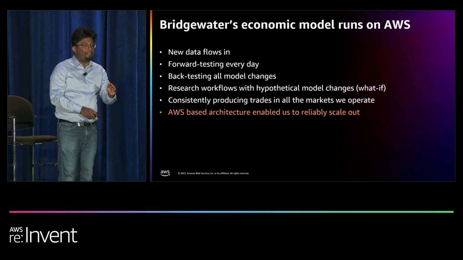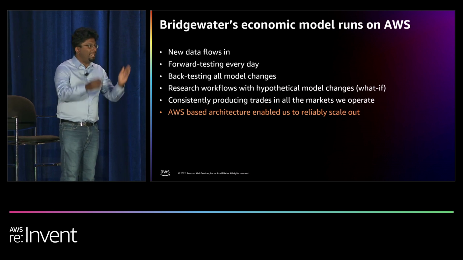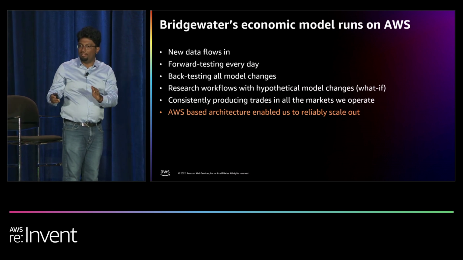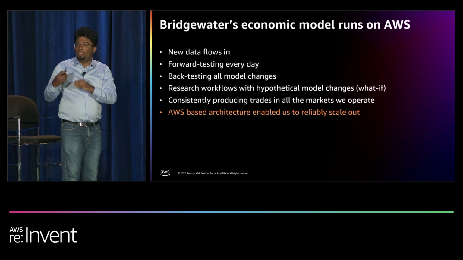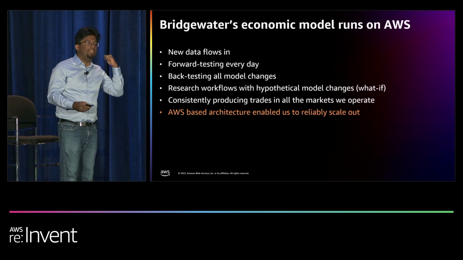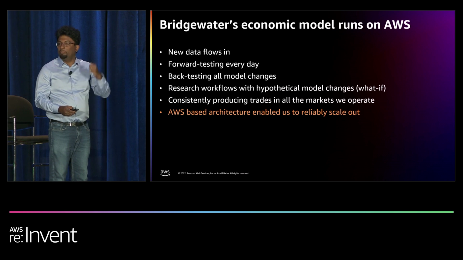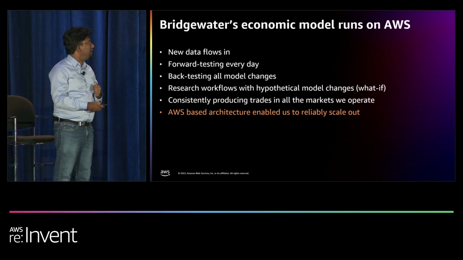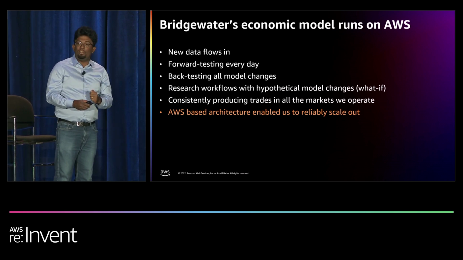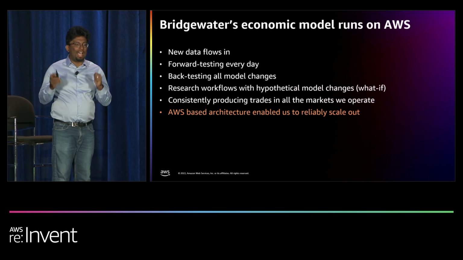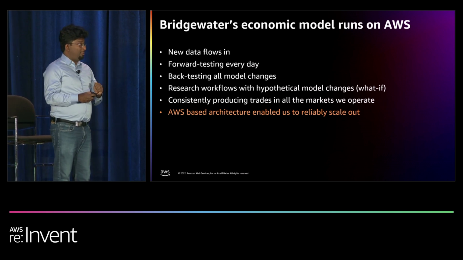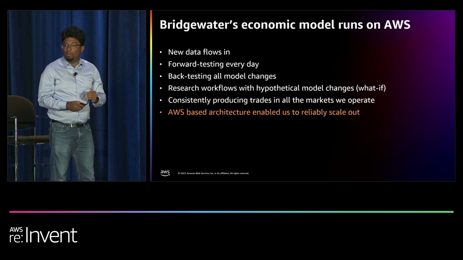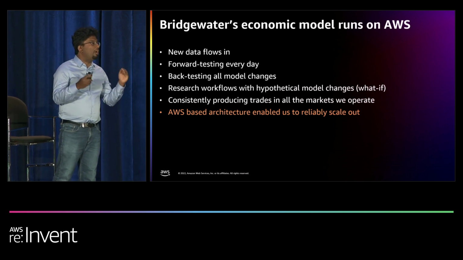We also have to do back testing. That's when we take a model, make changes to the model, and we have to go check how the model would have behaved during the previous inflationary periods or previous recessions and things like that. We also have to model what we call these hypothetical scenarios. What if the war stops? What if the inflation continues? These are called what-if testing.